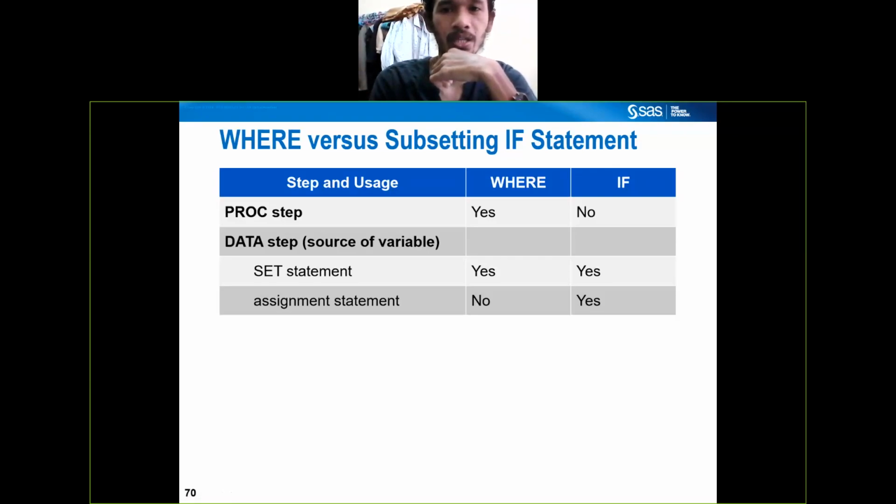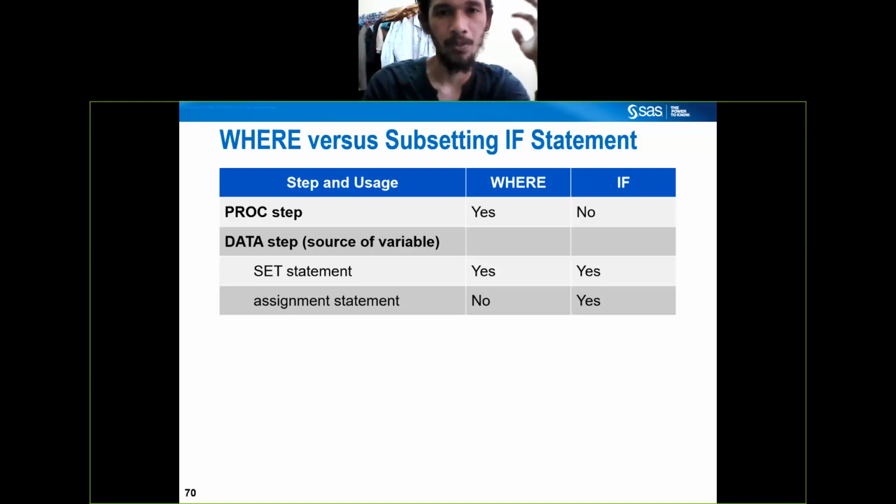Okay, the uses of where and if, between proc step and data step. Proc step is the proc print. Mostly we use conditions like this in proc print. So that is a proc step. Anything we write in our program, proc step, proc print, proc means and so on, is a proc step. Okay, so previously we learned proc steps, there is proc sort, proc print, what else.